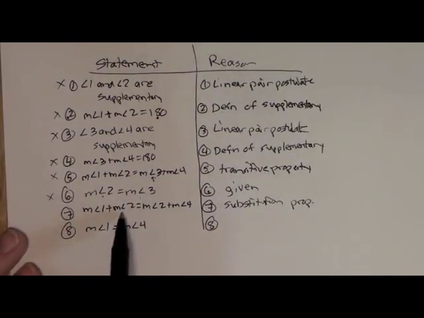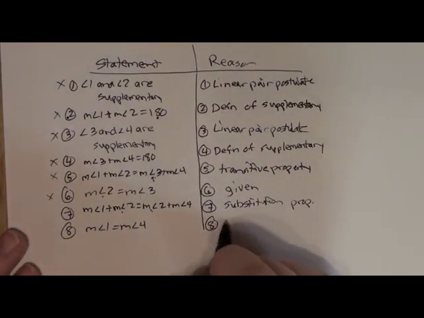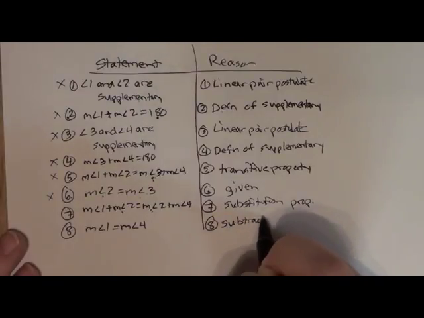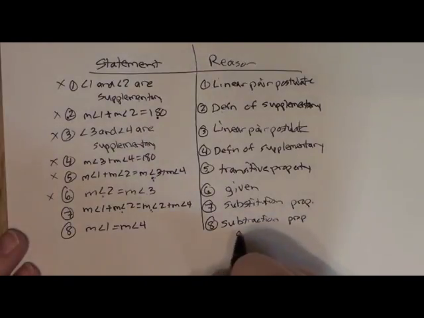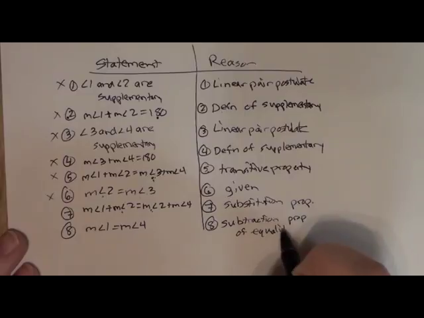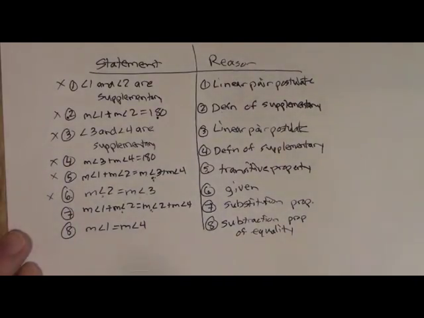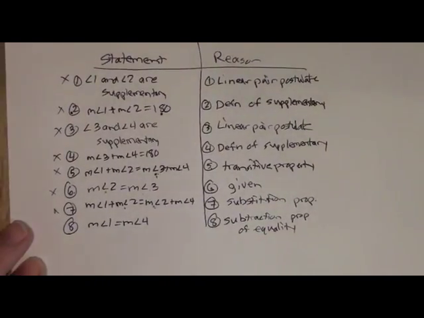Subtracting something like the measure of angle 2 from the left side and the right side of the equal sign is called the subtraction property of equality. And to get line 8, we use line 7. So we've used all the lines for our proof.